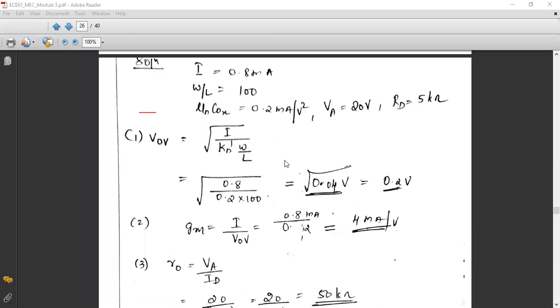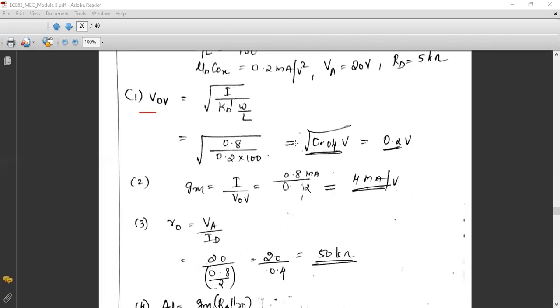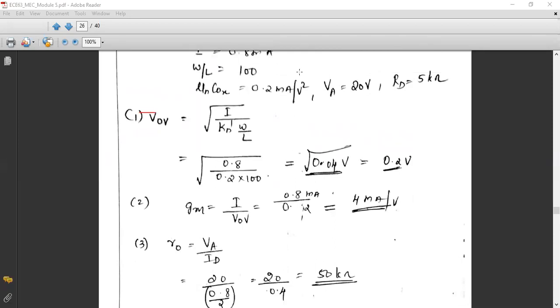In a differential amplifier, if you take the overall current as capital I, then GM will be I by VOV, and it is not 2ID by VOV. If you are going for 2ID by VOV, then ID will be half of the overall current, that is 0.4. Are you following me, Mahesh Babu? Yes or no? Any doubts?